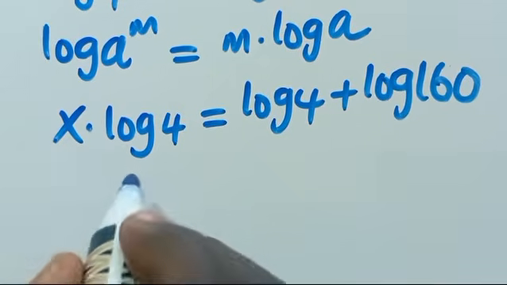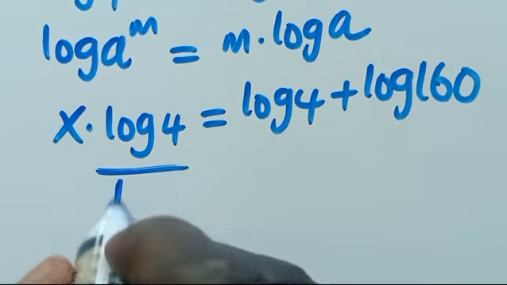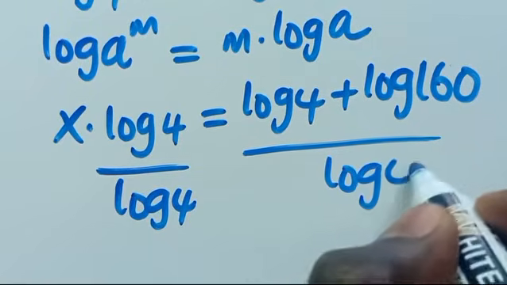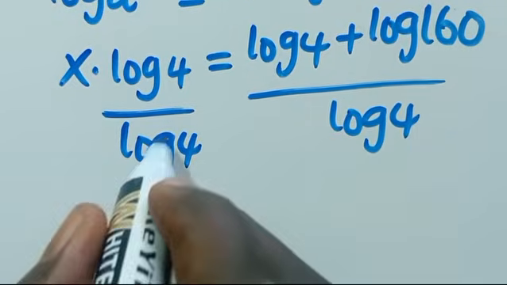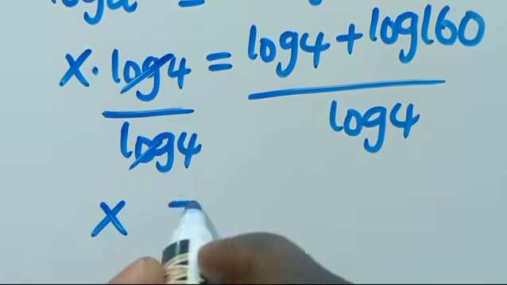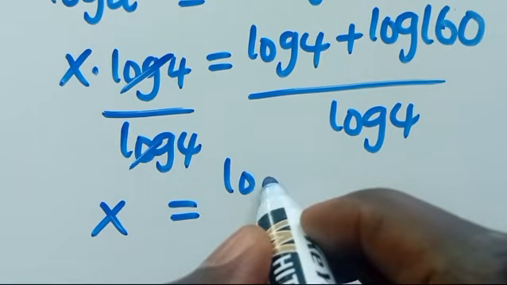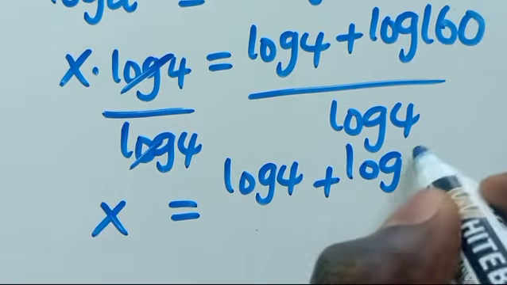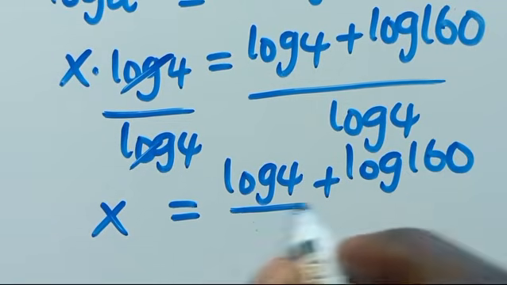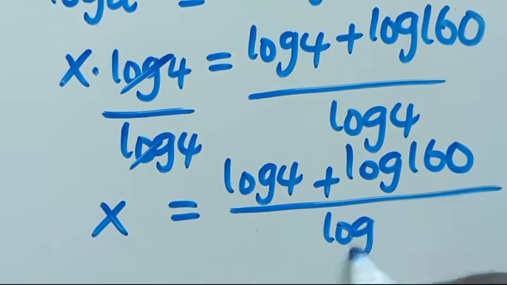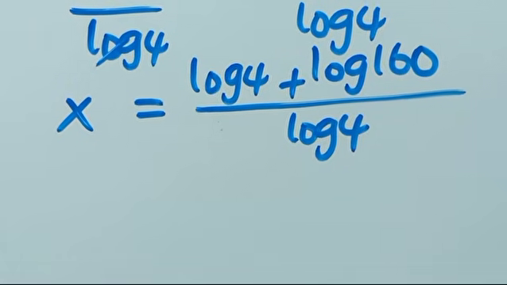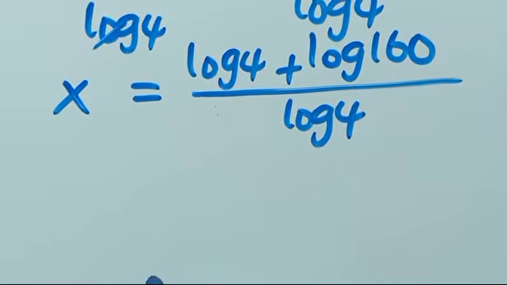Dividing through by the coefficient of x, log 4, this will cancel out this. We have x equals log 4 plus log 160 over log 4. So from here, we can divide it through by log 4.